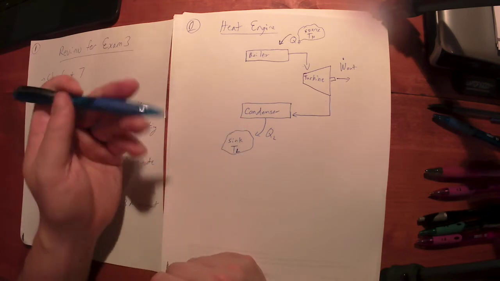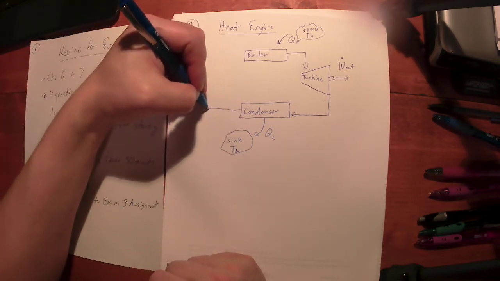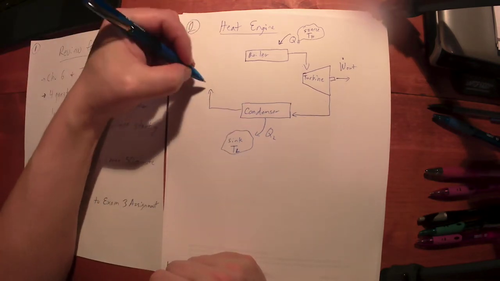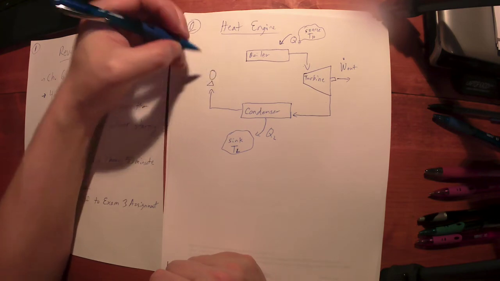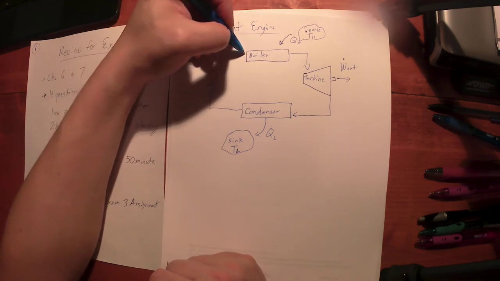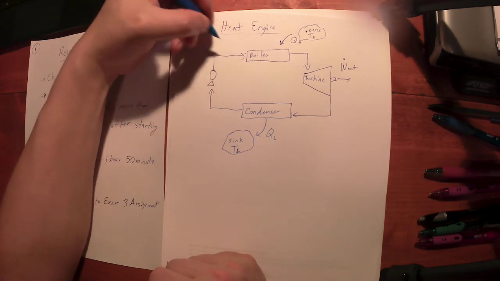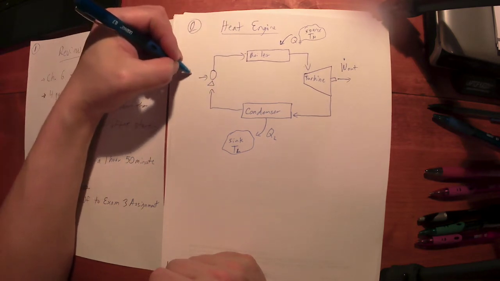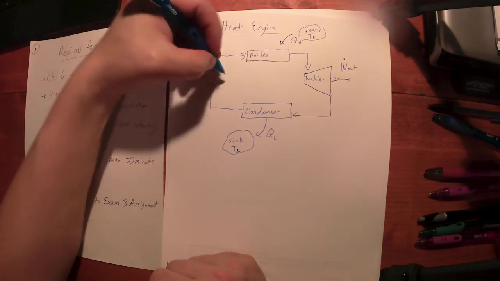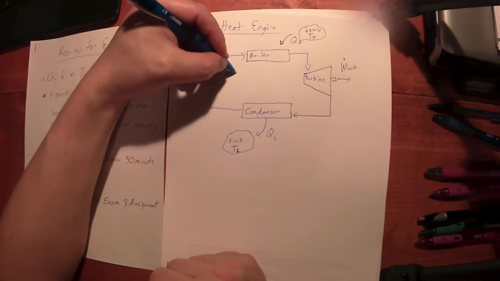The goal of the condenser is to get the fluid back down to a liquid state, because we need high pressure here, and this is low pressure down here. So what we have to do is increase the pressure by putting a tiny bit of power input into a pump.